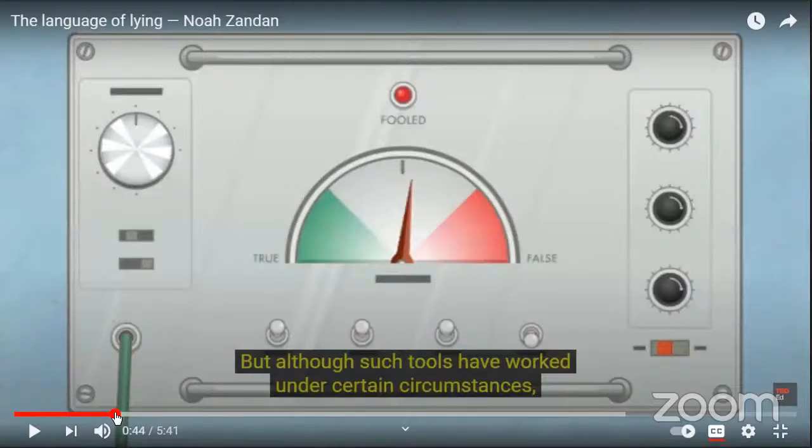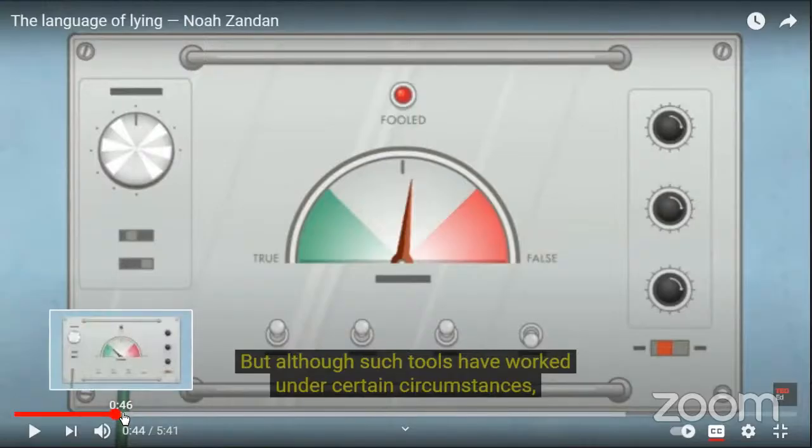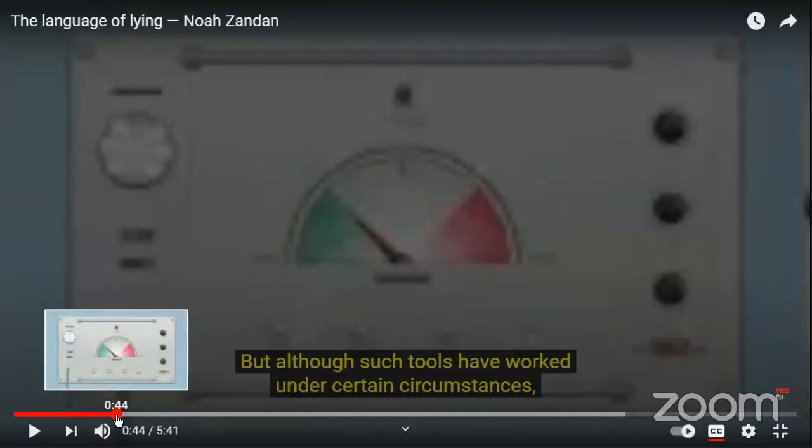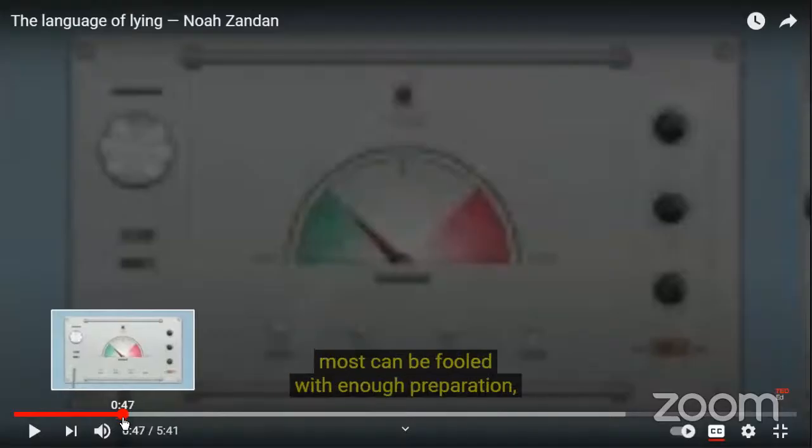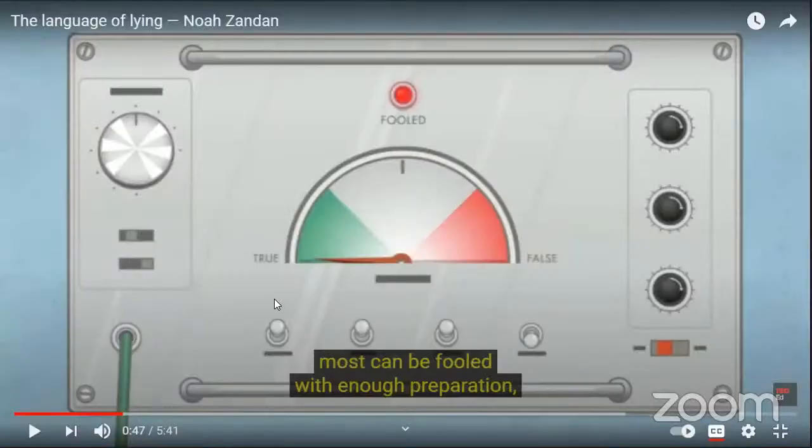But we also have to remember that this is very important, Fernando, this sentence. Can you read this part, please, Fernando? The teacher. But although such tools have worked under certain circumstances. Okay, that's the first part. And the second part, what is the second part? This one, please, Fernando. Most can be fooled with enough preparation.